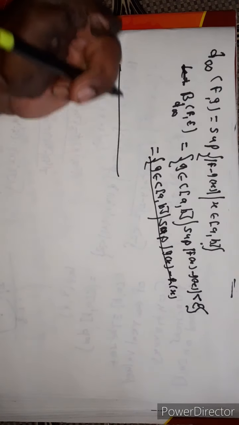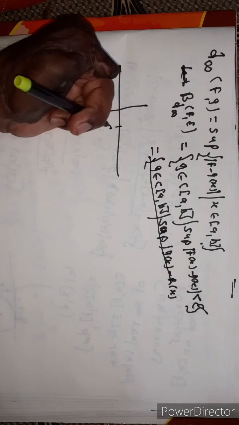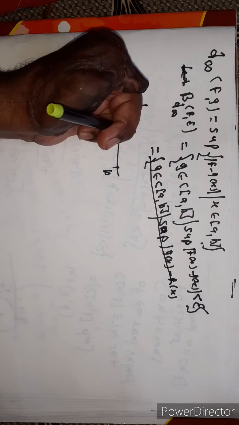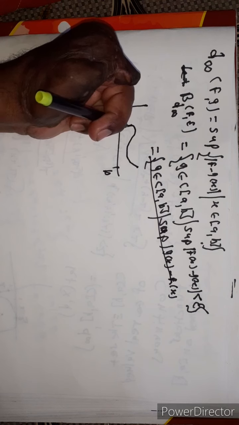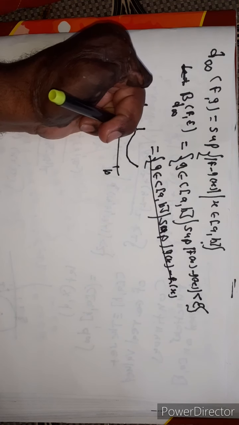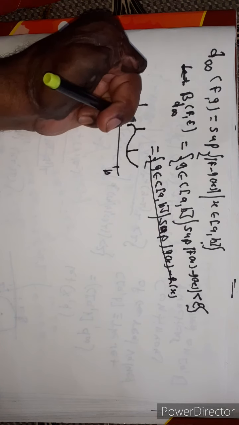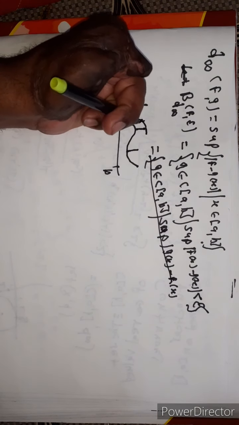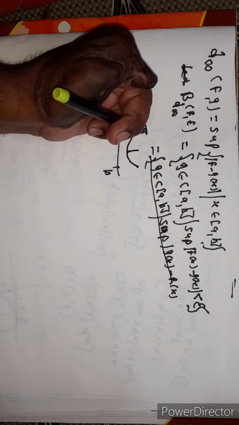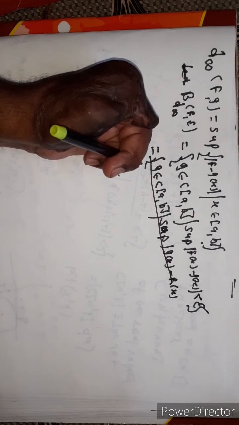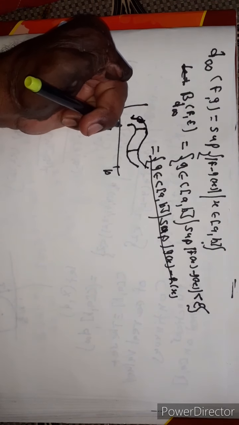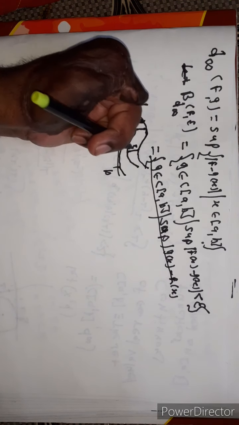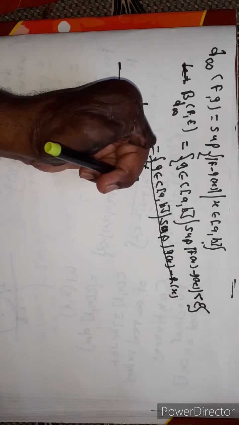Now suppose this is [a,b] and this is f, and this is epsilon, this is epsilon, this is f of x.